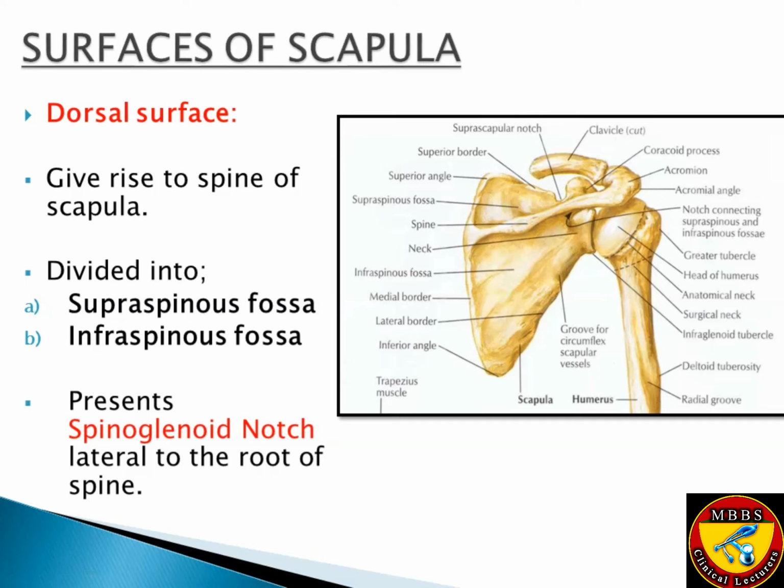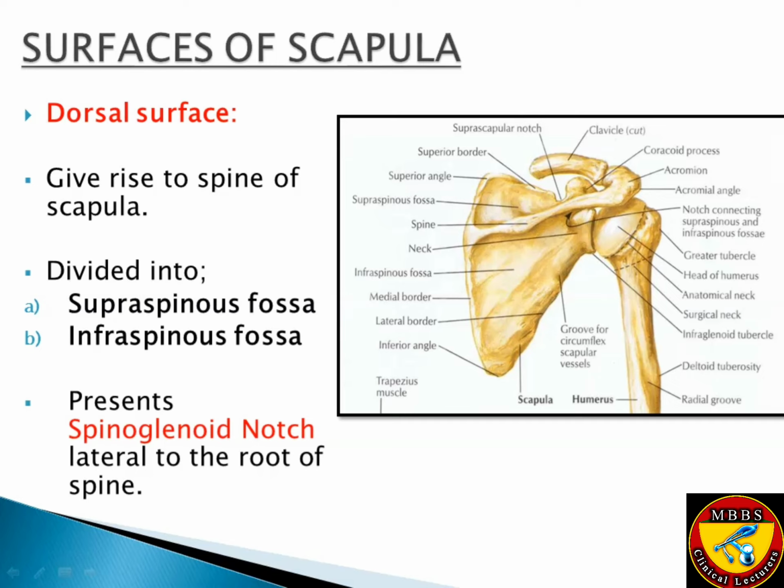Good. So the dorsal surface has a process which is called the spinous process. This spinous process divides the dorsal surface into a smaller supraspinous fossa and a larger infraspinous fossa.